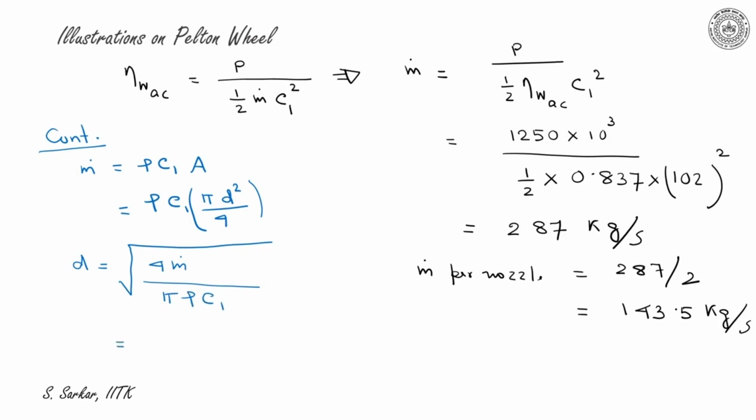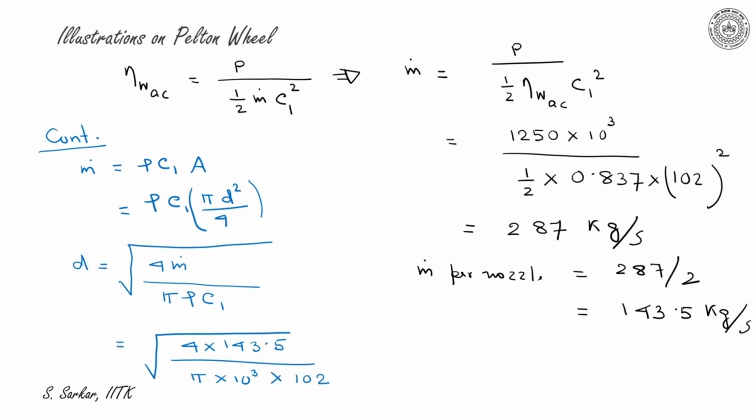If you do that, then root over 4 m dot, which is 143.5 kg per second, divided by π into rho 10 to the power 3 into C1, which is 102 meter per second.